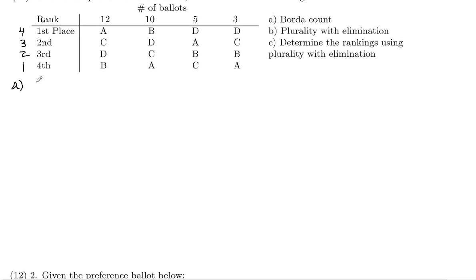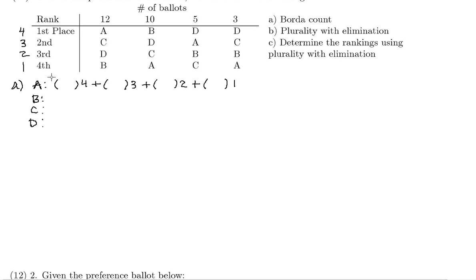So if we're setting up a Borda count, we're going to do a count for A, one for B, one for C, and then one for D. And each one of these counts is the number of first place votes times 4 points for each first place, plus the number of second place votes times 3 points for each second place vote, plus the number of ballots that placed it third times 2 points for each third place vote, plus the number of fourth place votes, and each fourth gets 1 point. So it's that point system.